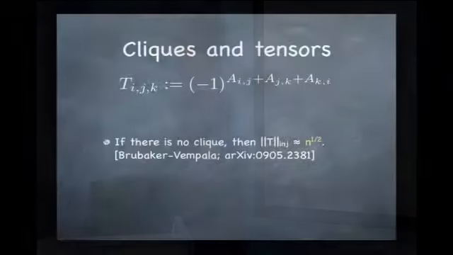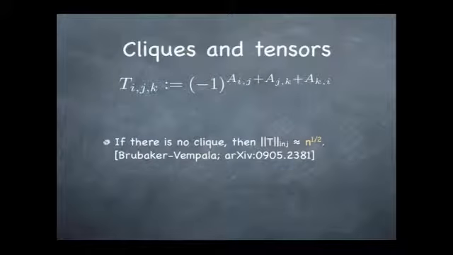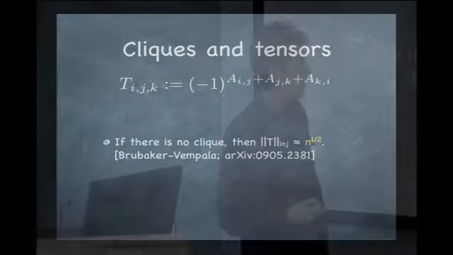How does this work? So the tricky part is to show that if there's no clique, then the injective tensor norm is roughly root n. To see why this is roughly the right answer, if you try plugging into this, pick x, y, and z to be random plus or minus 1 vectors. Then you get that the resulting quantity will be roughly plus or minus root n.